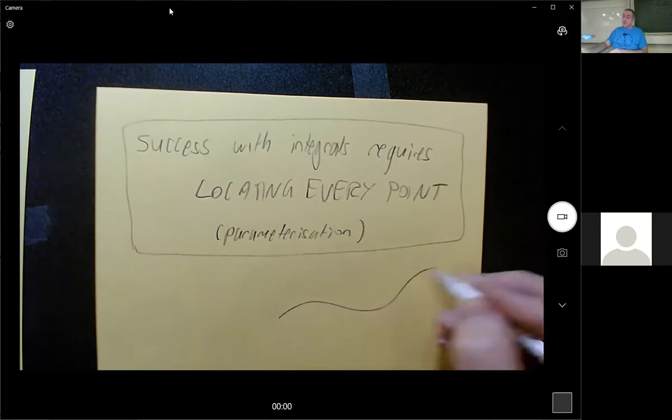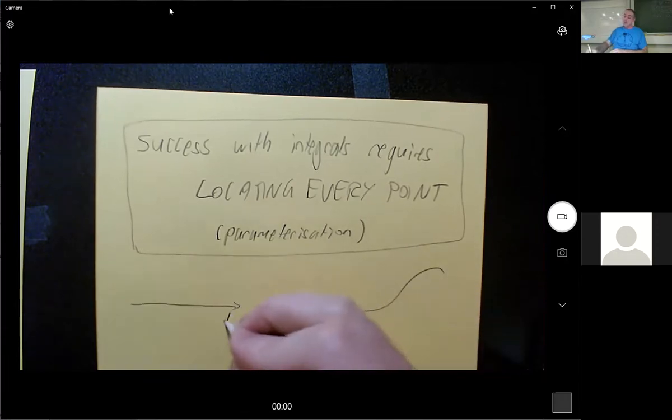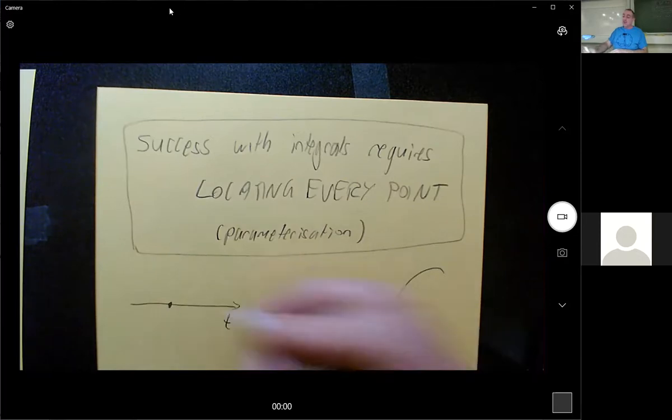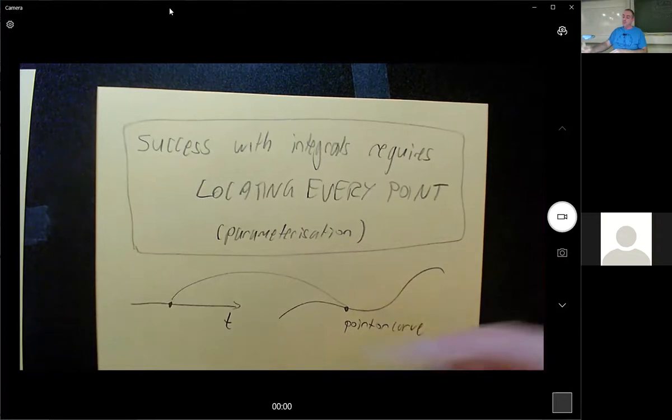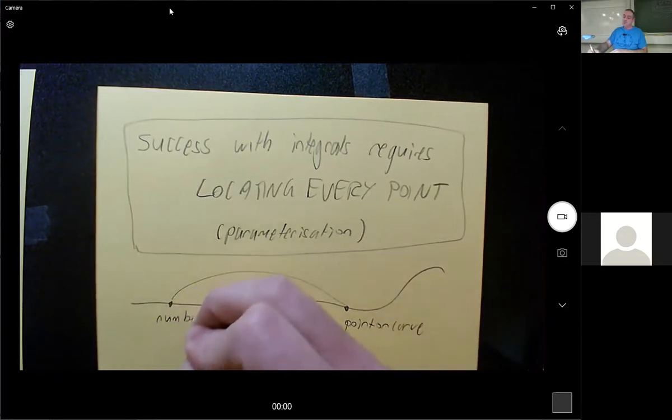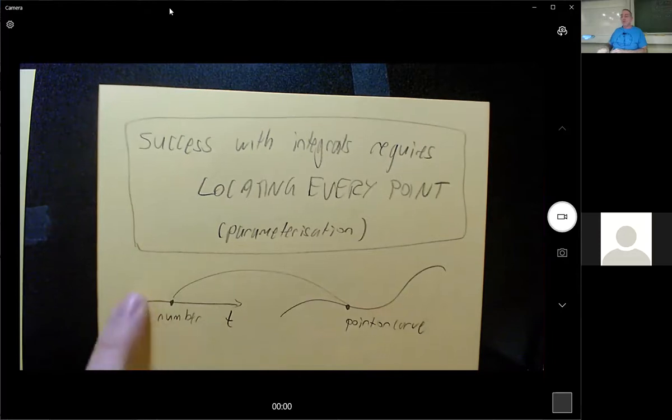And so if you've got a curve, you'll have numbers t that will tell you points on the curve. And as you move this number, it'll move the point on the curve. And therefore, locating a point on the curve comes down to choosing the correct value of t.